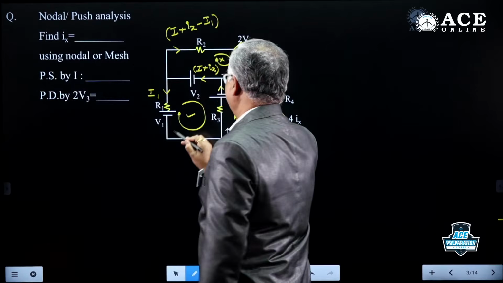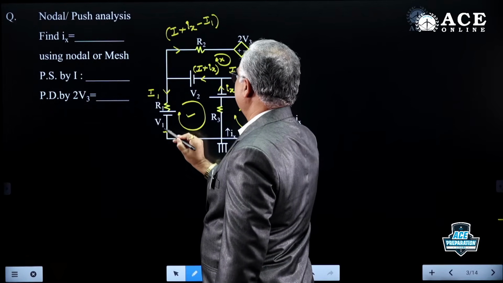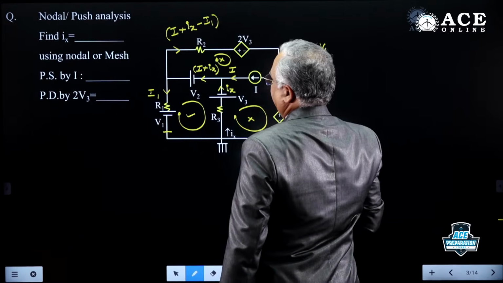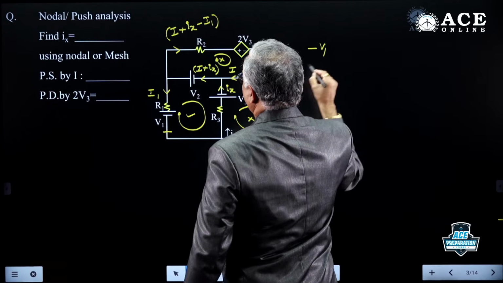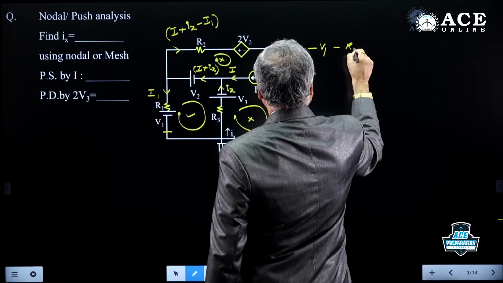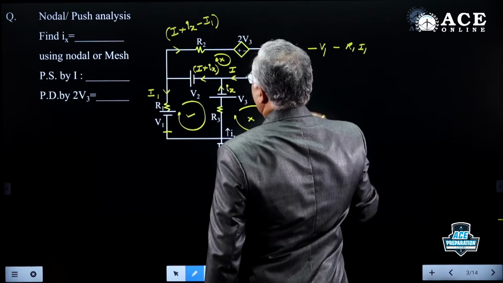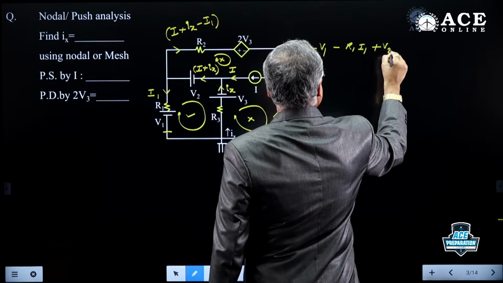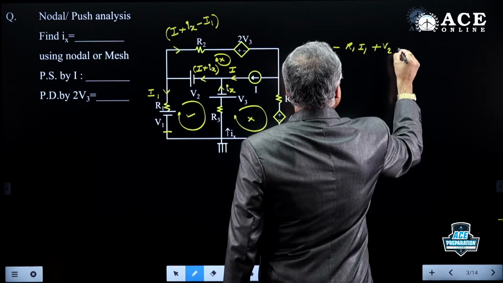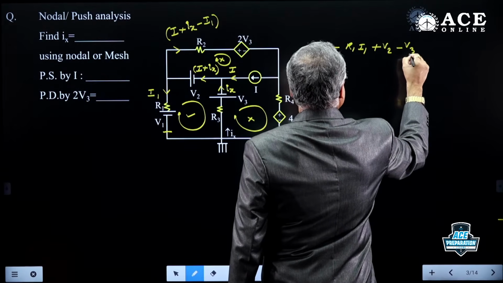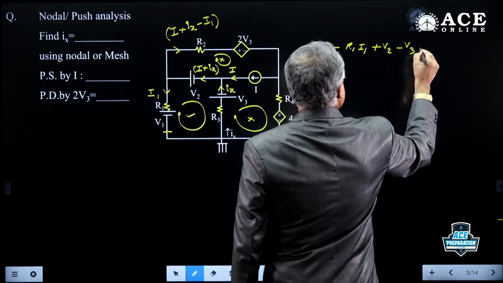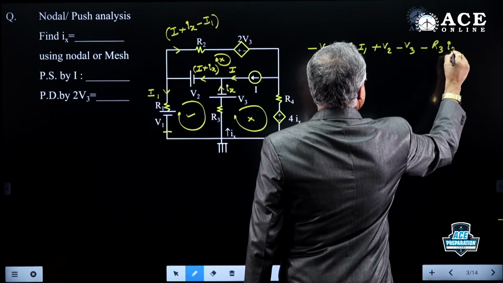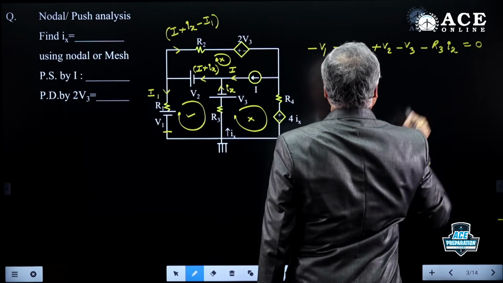If I consider this one, if I start here: minus V1, and in the opposite direction, minus R1 I1, plus V2, minus V3, equal to 0.